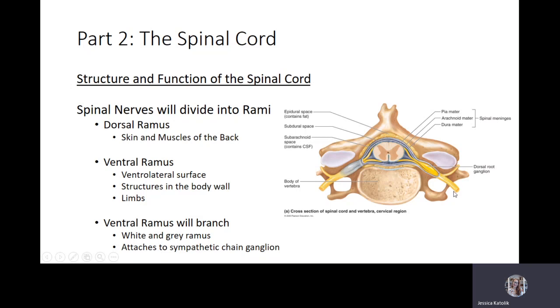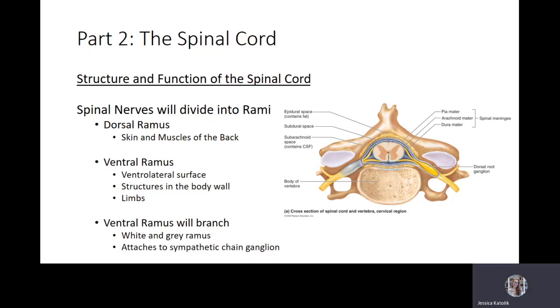This one over here that's going to move more anteriorly is going to be the ventral ramus. The ventral ramus is responsible for innervating the limbs and innervating the body wall that is more anterior. And over here we have the dorsal ramus. The dorsal ramus will go more posterior, and it will innervate the skin and muscles of the back.